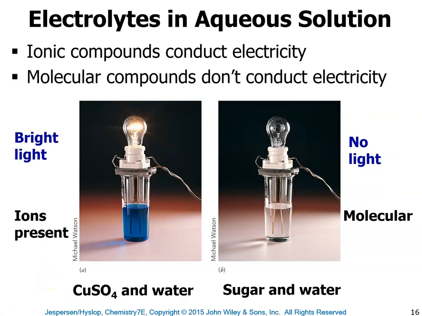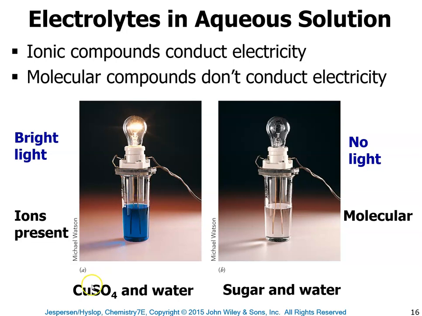I already talked about this earlier in the semester, in an earlier chapter, but ionic compounds conduct electricity because they're charged, they have ions. Basically, what's happening when we have conduction of electricity is that electrons flow through this light bulb, through the solution, to connect to the battery, for example.